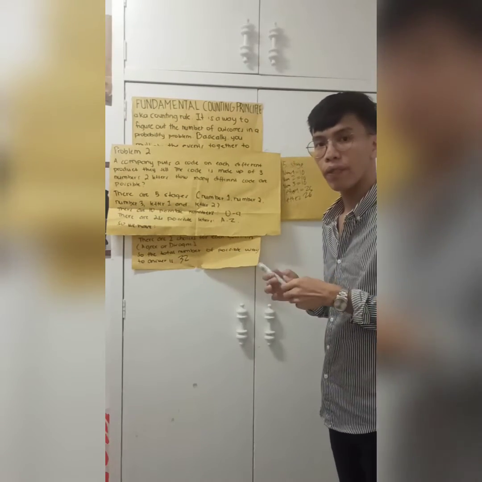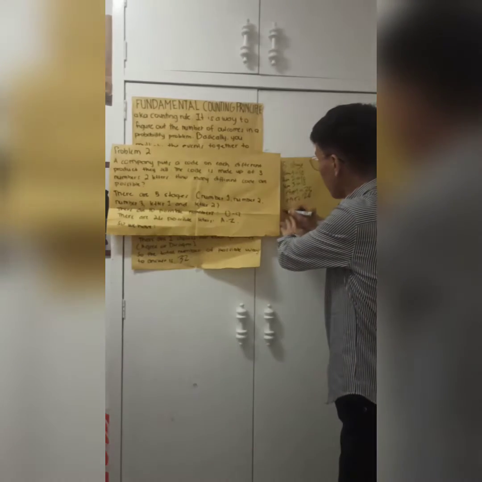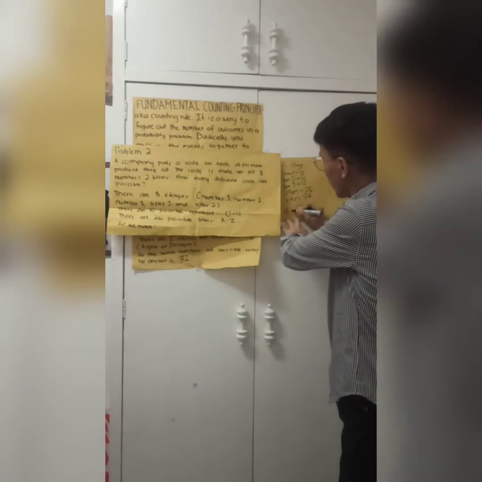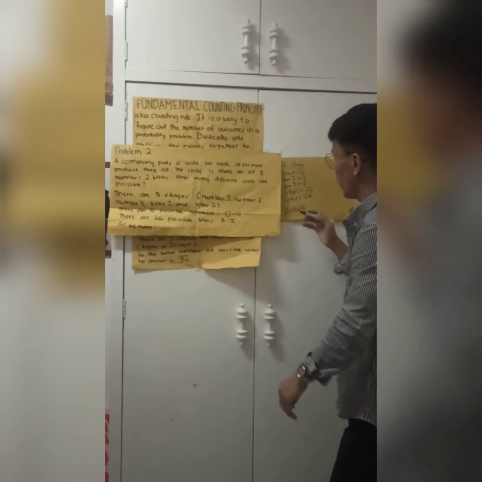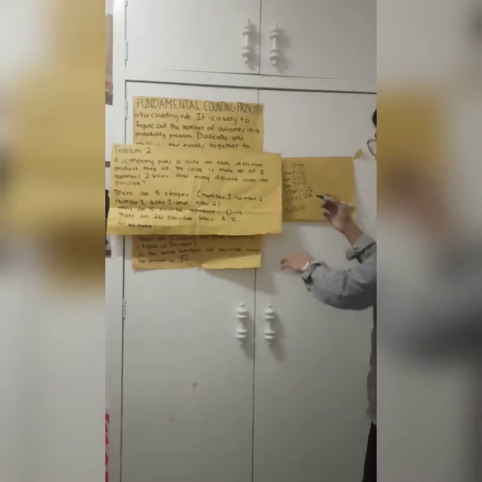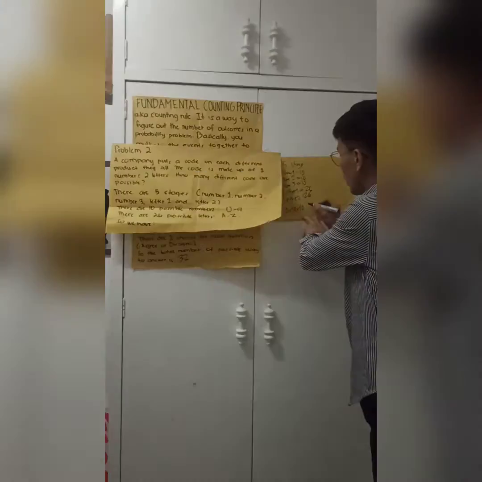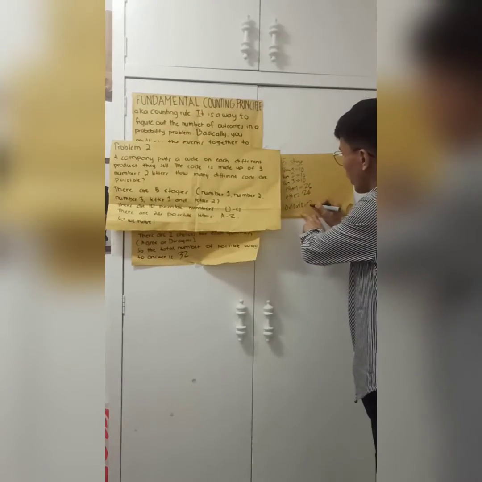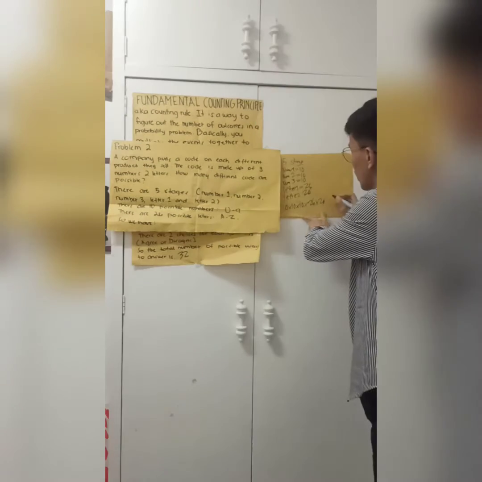So, to get the possible outcomes, we will basically put 10 times 10 times 10, which is for number 1, 2, and 3. And for letter 1 and letter 2, it is 26 times 26.